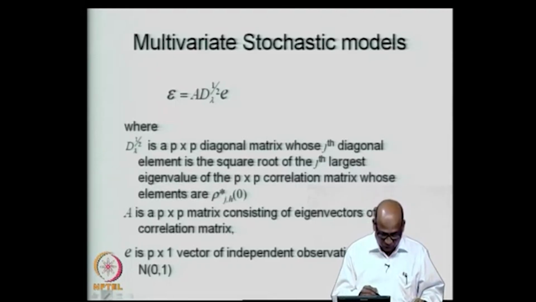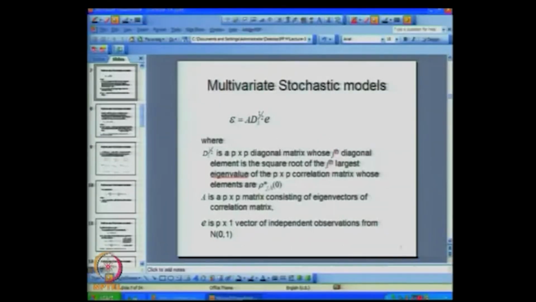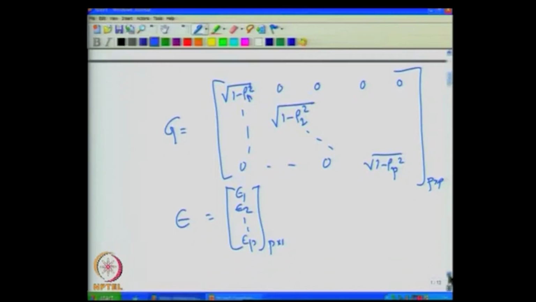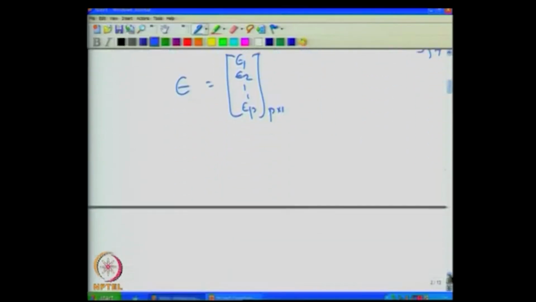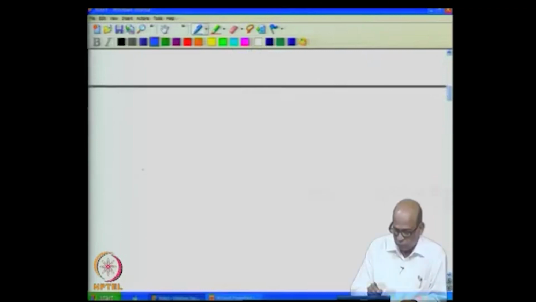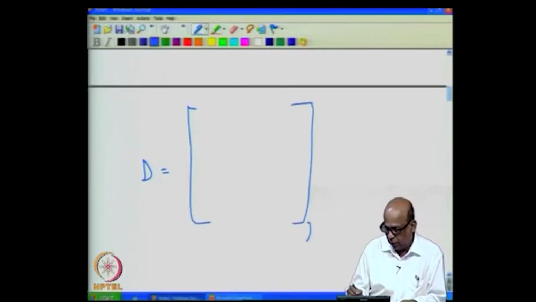Let me write for clarity what is the D matrix now. So, we write the D matrix as a diagonal matrix of size p by p. I say it is a diagonal matrix because except the diagonal elements, all other elements are zeros.